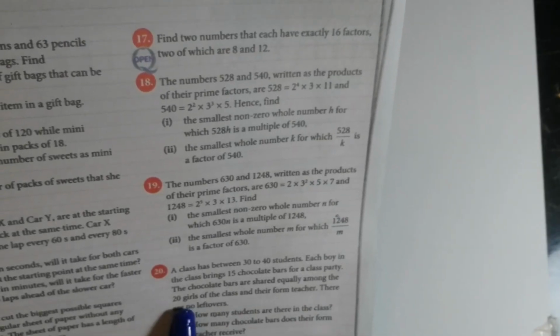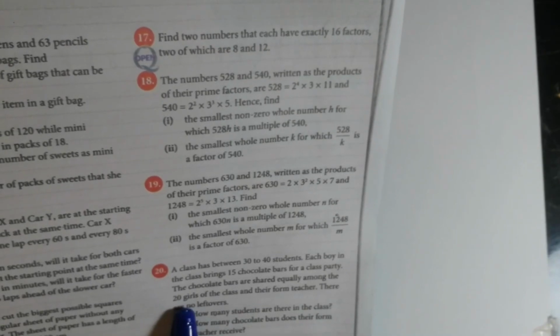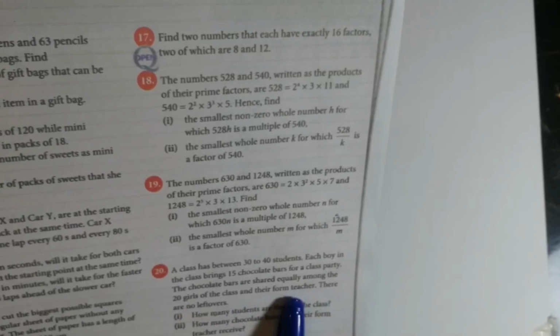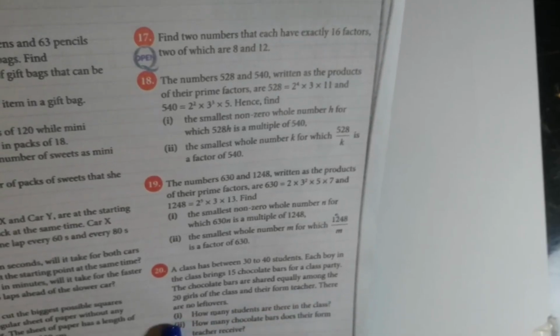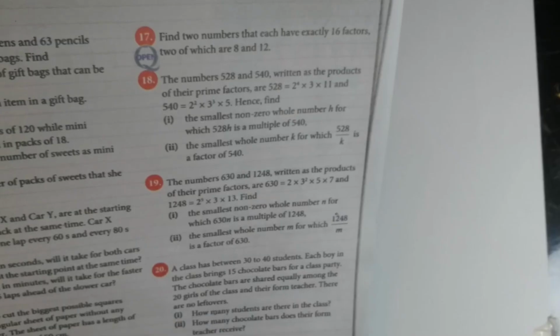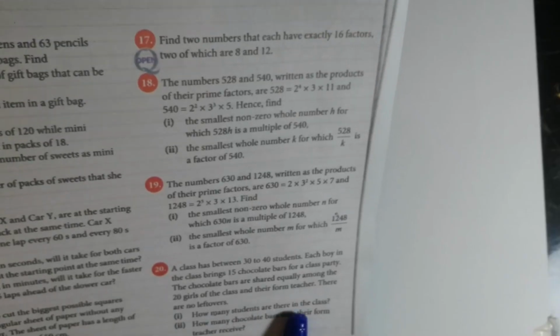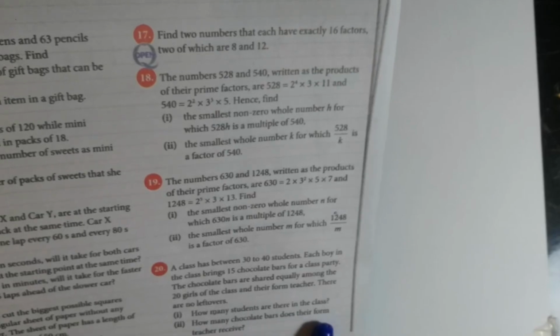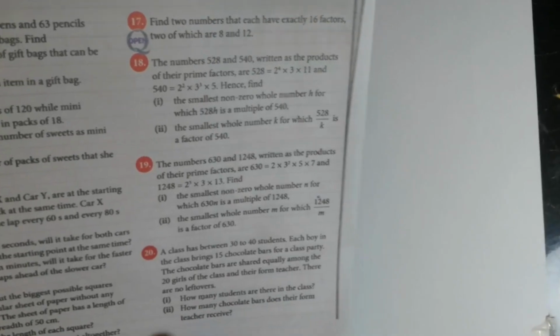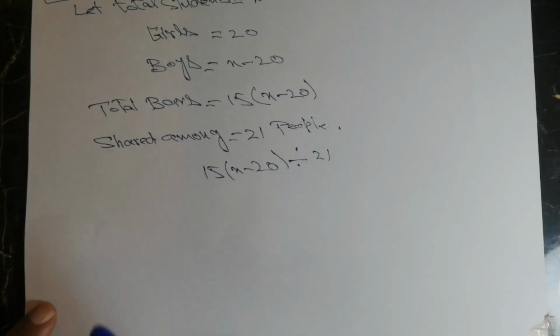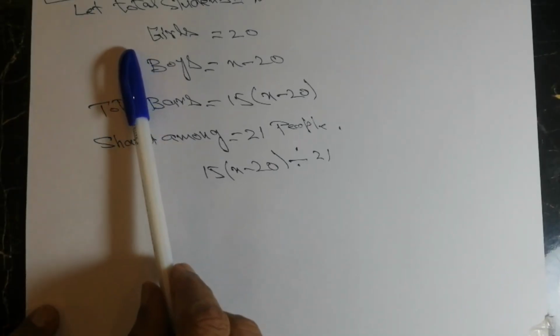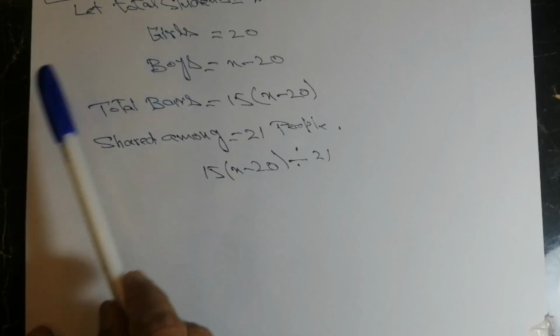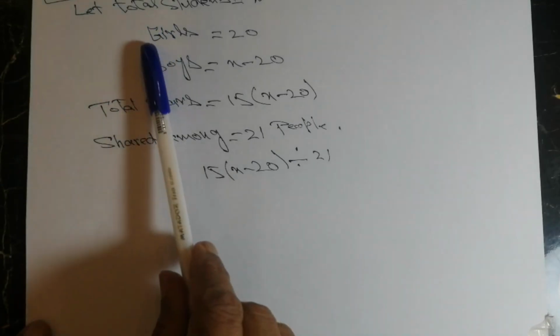So girls are known, exactly 20 girls and one teacher. There are no leftovers. How many students are there in the class and how many chocolate bars does their form teacher receive? So the exact number of people is not given here.